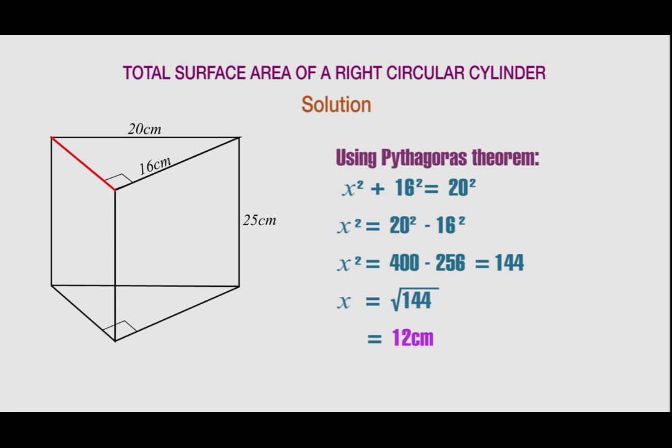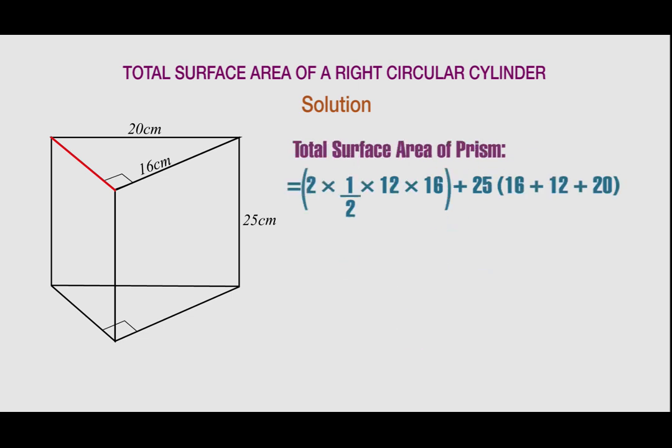We now find the total surface area of the prism using our formula and substituting the values that we have. So you are going to have the total surface area to be 2 multiplied by half, multiplied by 12, multiplied by 16, plus 25 into brackets, 16 plus 12 plus 20.